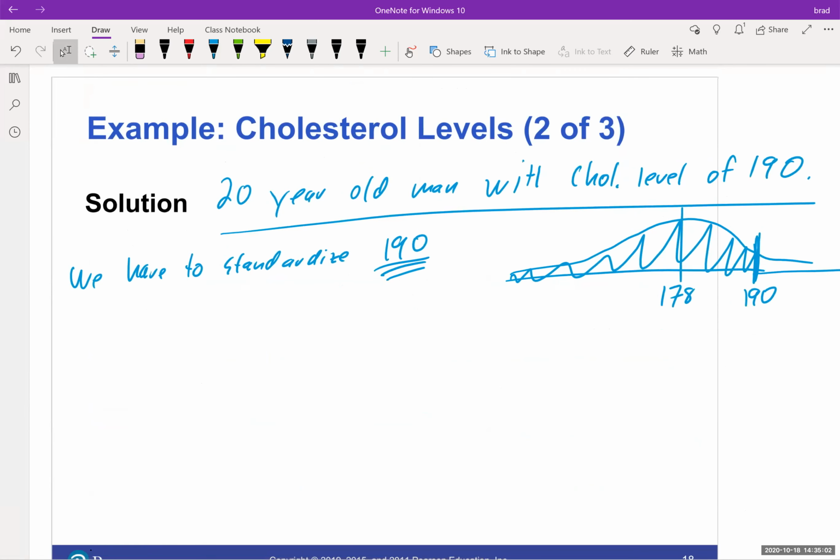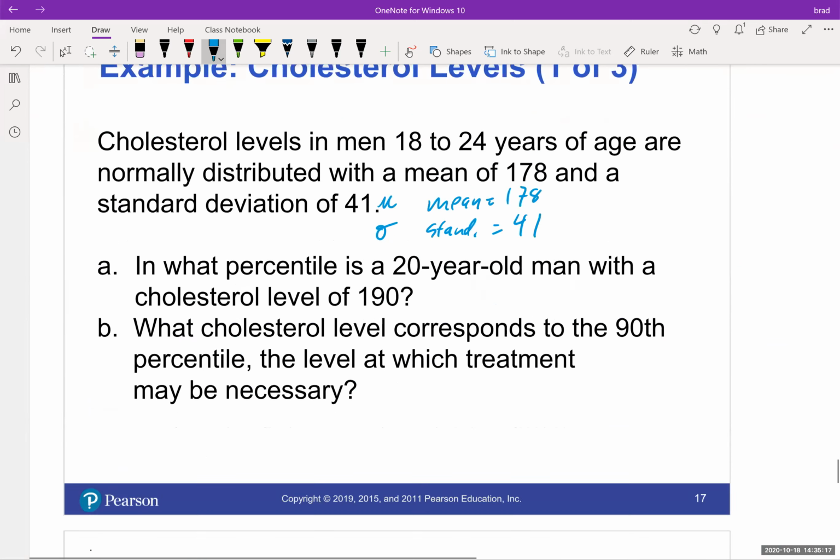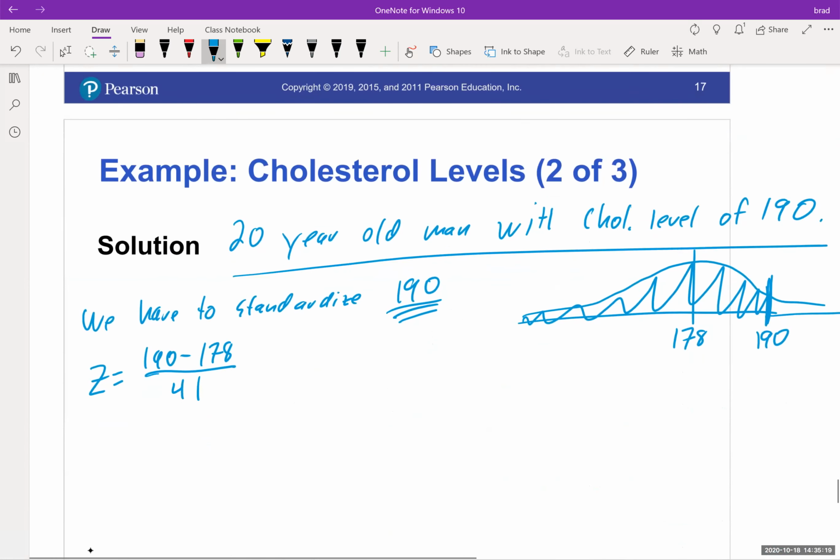So we have to find z. So z is equal to 190 minus the mean of 178, divided by the standard deviation of, what did they say, 41. So I'm just going to take out my calculator and approximate this.